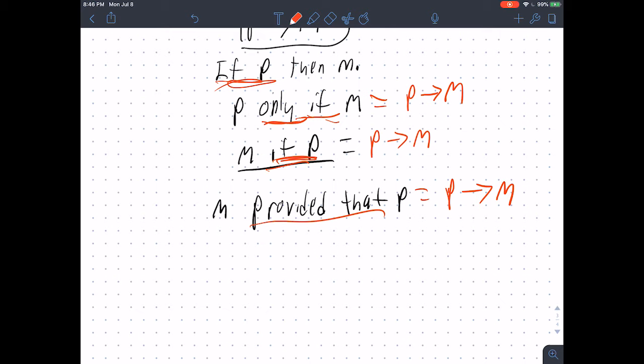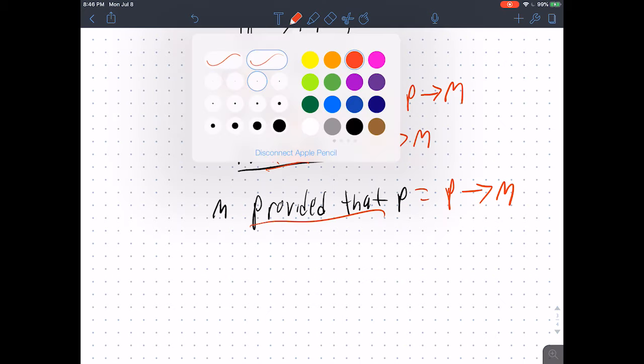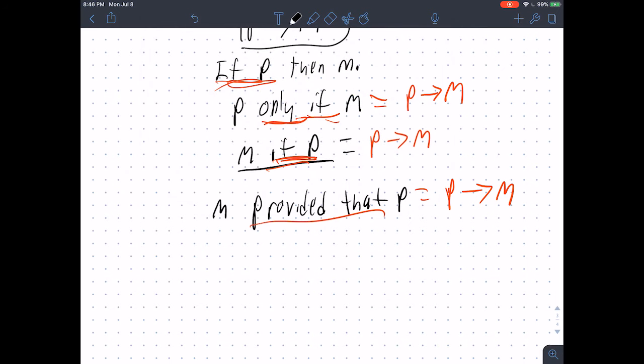And then the final way in which you'll run into these in English would be using the expression in case. And here, in case is just another fancy way of saying if, right?